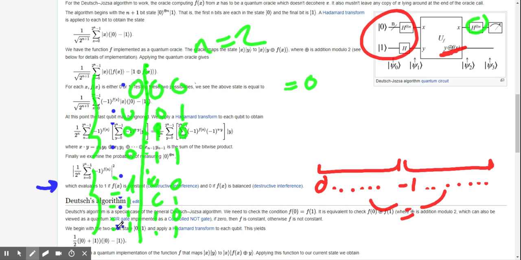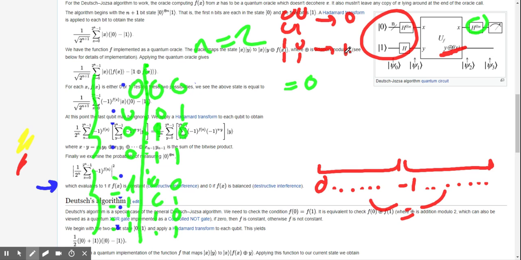In the case of, let's say, f(x) is balanced, let's switch to red again. Let's say that for 0 0 and 0 1 you're getting a 0, and for 1 0 and 1 1 you're getting a 1. So that's balanced.